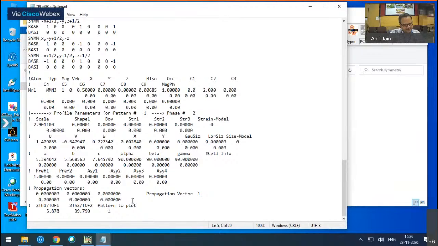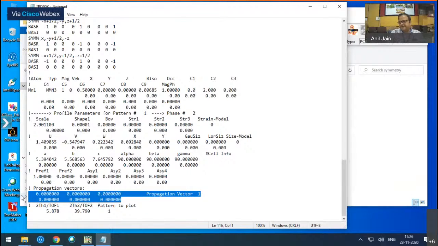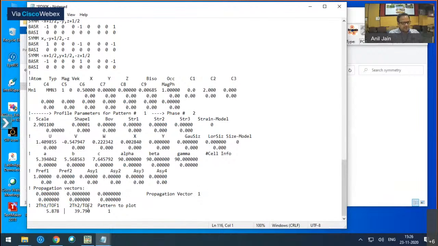This is the information about your propagation vector, and we have only one propagation vector. And this is the range over which you will see the refinement while running this PCR file.